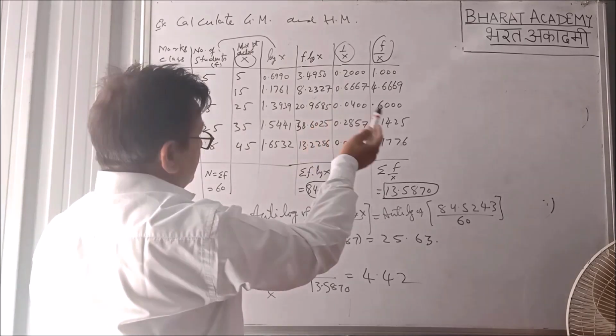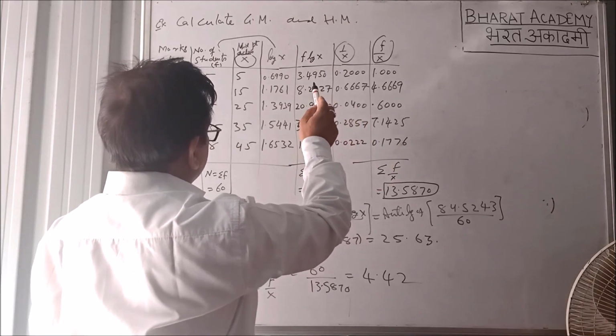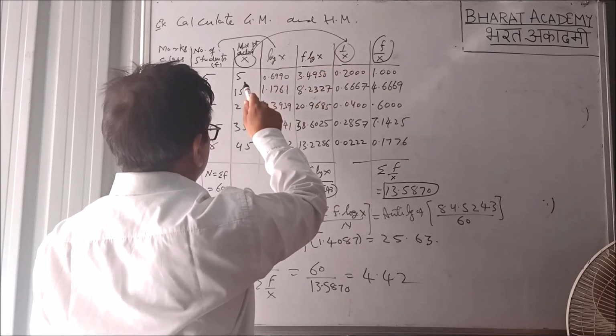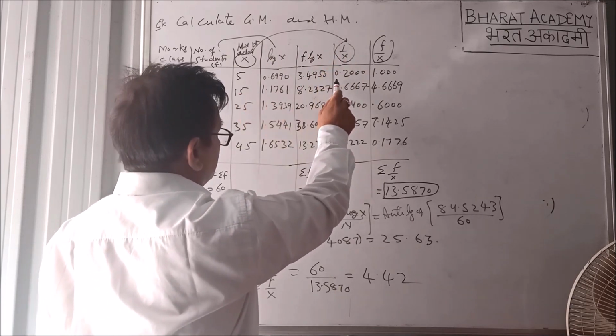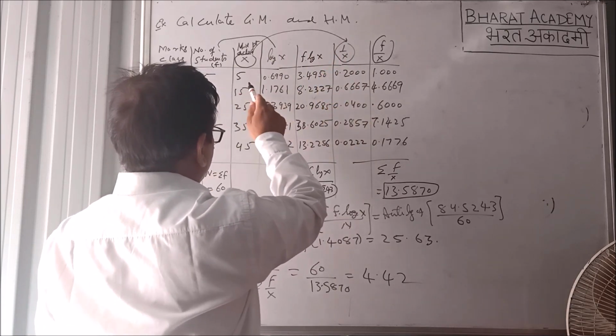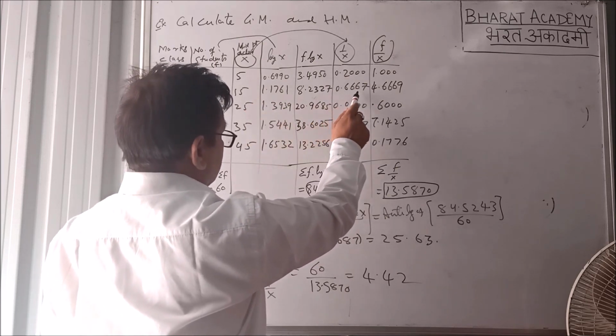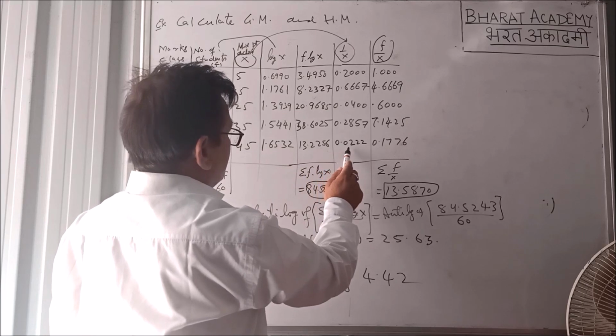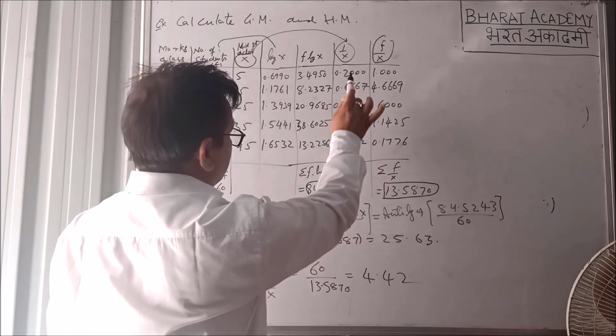Now for the harmonic mean we have to find the reciprocal values of x. Reciprocal of each value of x. 5, 1 upon 5, this is 0.2000, 1 upon 15 0.667, and up to 1 upon 45, this is 0.0222, this is 1 upon x.